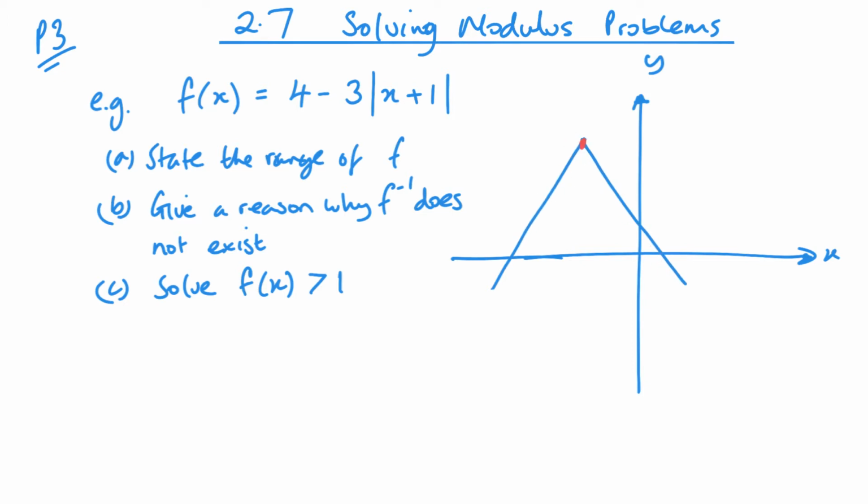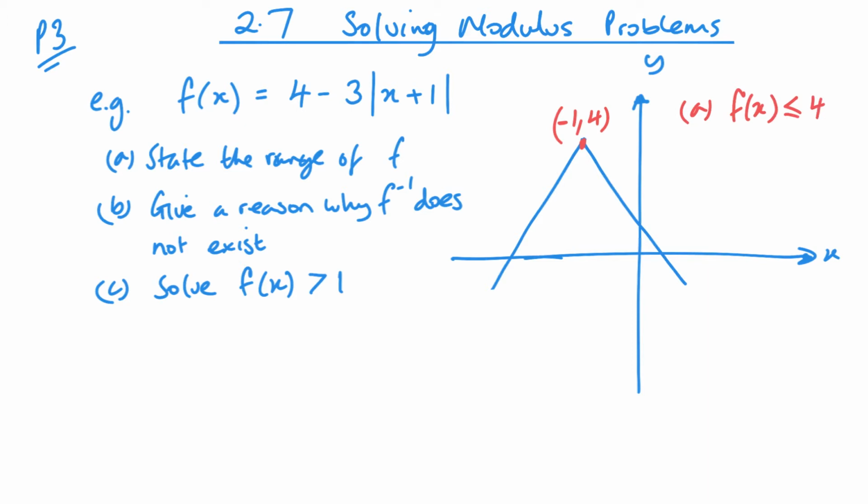When x is negative 1, this bracket is going to be 0. So I'd have 4 minus 0, so it's 4. So this actual point here is minus 1, 4. So the range of f of x is less than or equal to 4.